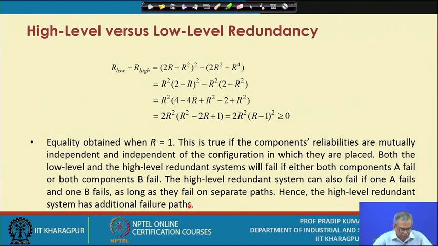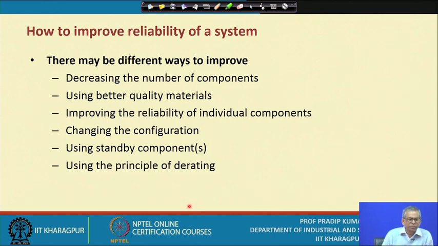Okay, after we consider this, because we have covered many aspects of reliability modeling, at this point in time you must know how many different ways you can improve the reliability of a system. Is it okay? Obviously, we are assuming that the system reliability depends on the component reliability.